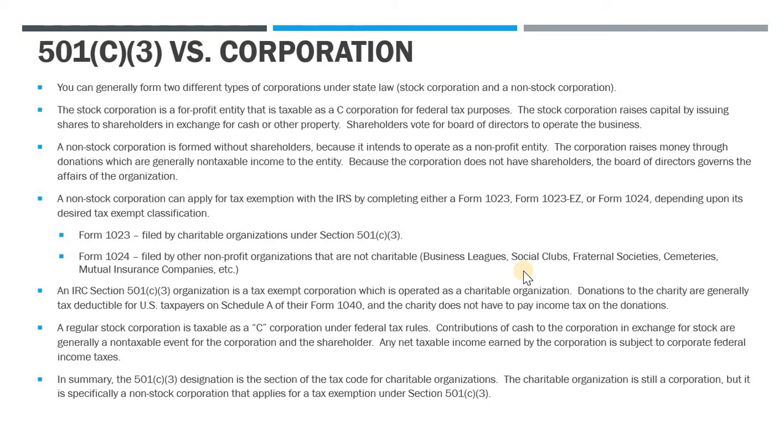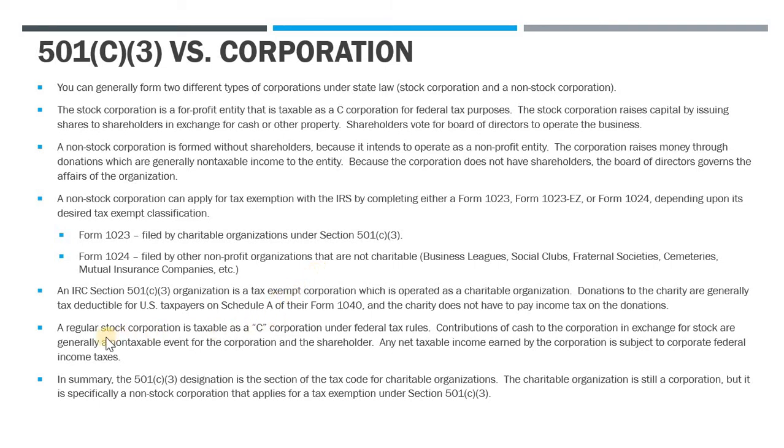So you actually don't get an itemized tax deduction for donations to business leagues, social clubs, and so on. Very important distinction. I think a lot of individuals believe that if I give money to any kind of tax-exempt organization, it's an itemized deduction as charitable, and that's not true, right? It's got to be truly charitable under 501c3. If it's one of these other 501c designations, then it's not going to be deductible.